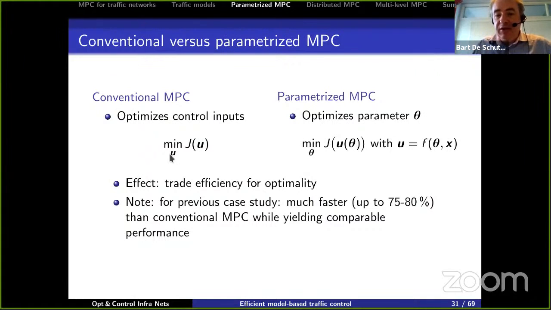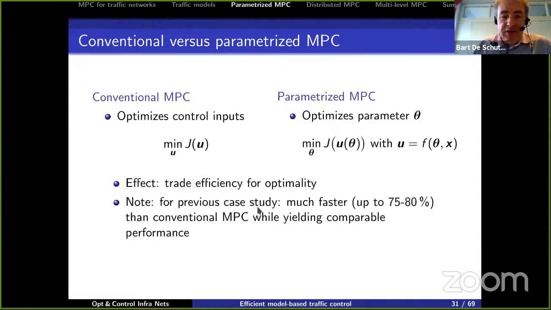That means that in general, we have fewer variables because the number of components in theta would be less than the components in u. So we get faster computation. Of course, it will be less rich because we cannot always capture all the optimal control inputs in that way.